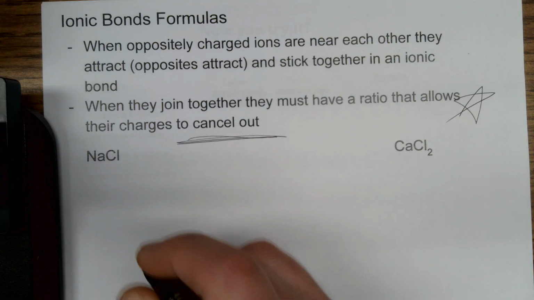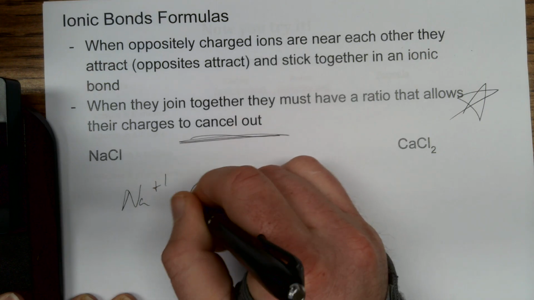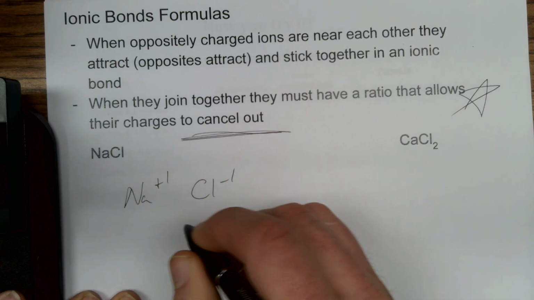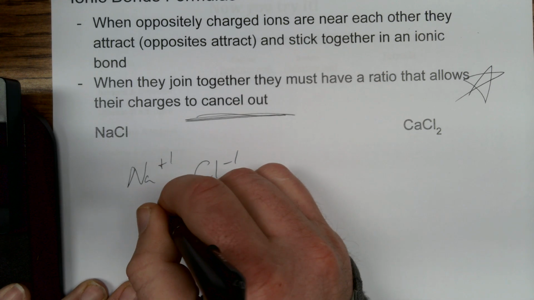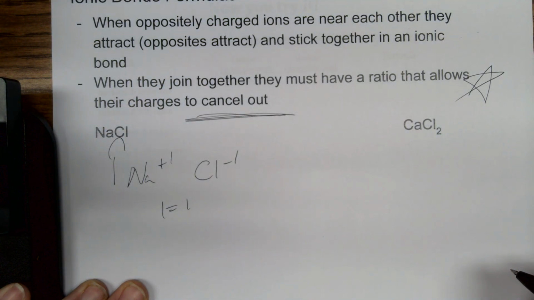When we looked at sodium chloride, Na +1, Cl -1, 1 equals 1, therefore NaCl.